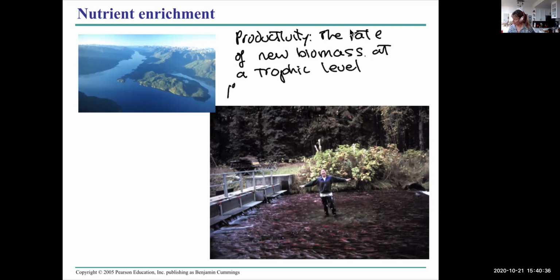So primary productivity is the productivity of the producers, the autotrophs. And I'm also going to send you a Khan Academy description of productivity that I watched briefly today, because it breaks it down very, very well.